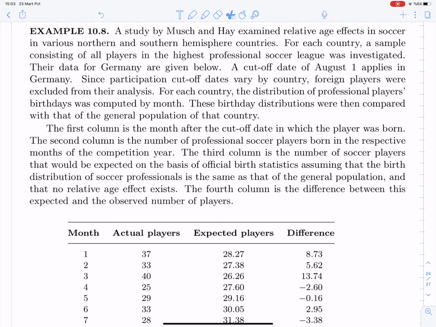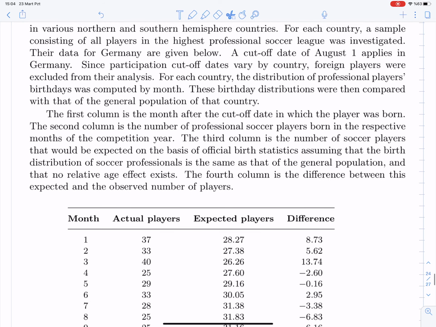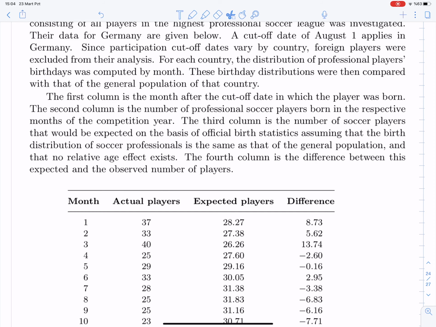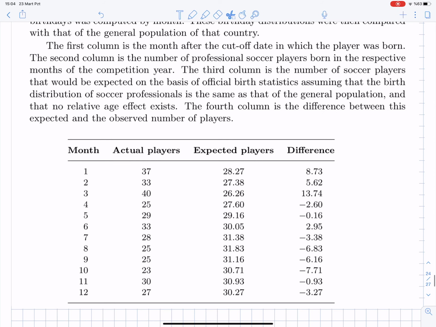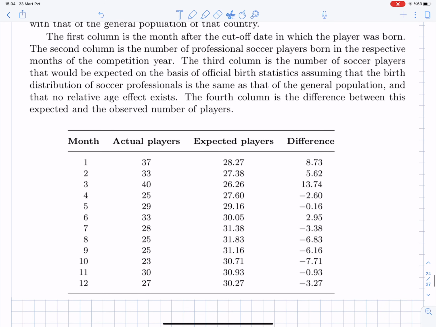The first column is the month after the cutoff date in which the player was born. The second column is the number of professional soccer players born in the respective months of the competition year. The third column is the number of soccer players that would be expected on the basis of official birth statistics, assuming that the birth distribution of soccer professionals is the same as that of the general population and that no relative age effect exists.